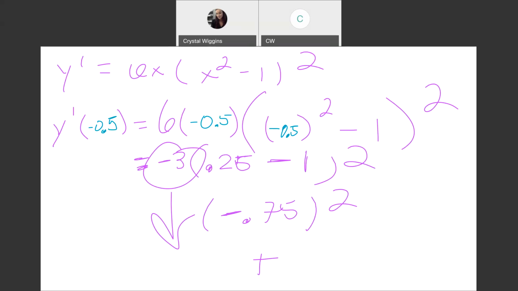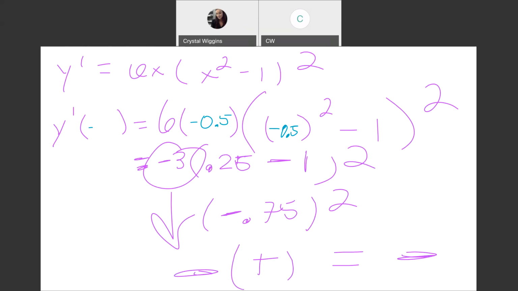This is already negative, so negative times positive gives us a negative. So between -1 and 0, we found that it is still decreasing, which tells us something about the critical value of -1, which we'll discuss when we're done doing all these calculations.